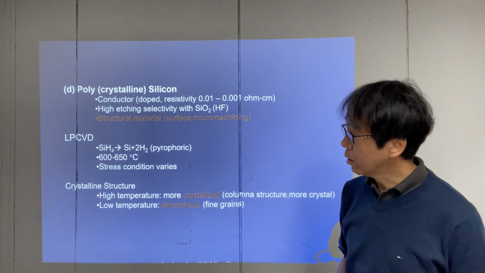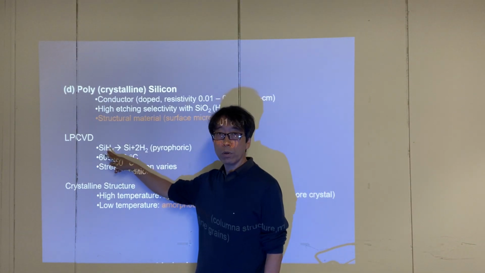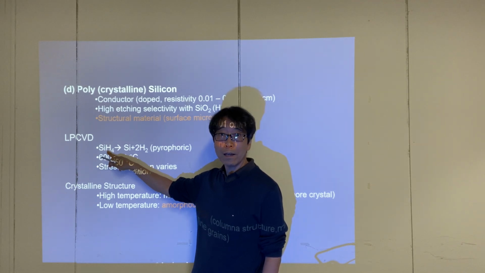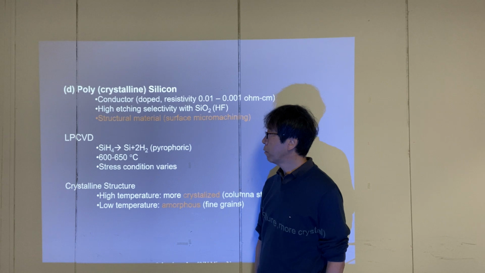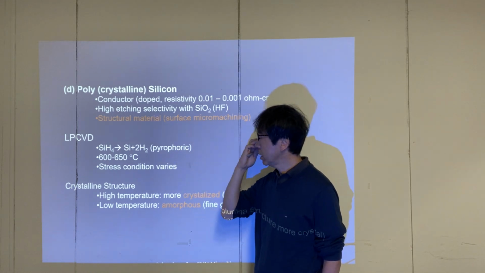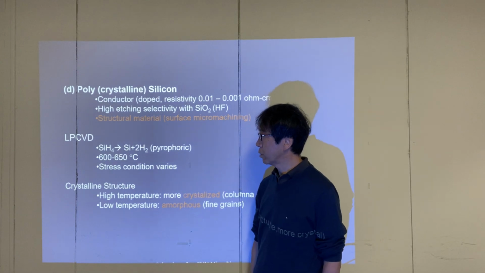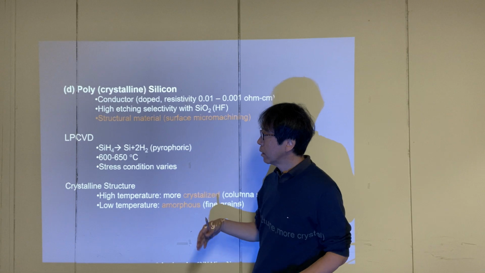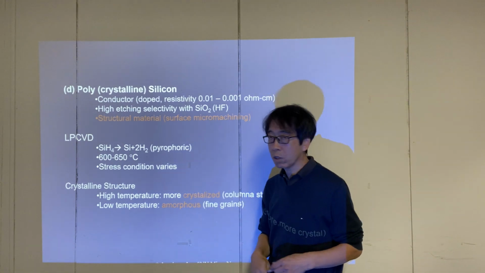And the chemistry of LPCVD is simple. SiH4. What do you call this? Silane gas. It will be a pyrophoric process. It becomes silicon and leaves the hydrogen. So again, it's a very dangerous, explosive process. It occurs at a temperature range around 600 to 650 degrees Celsius.